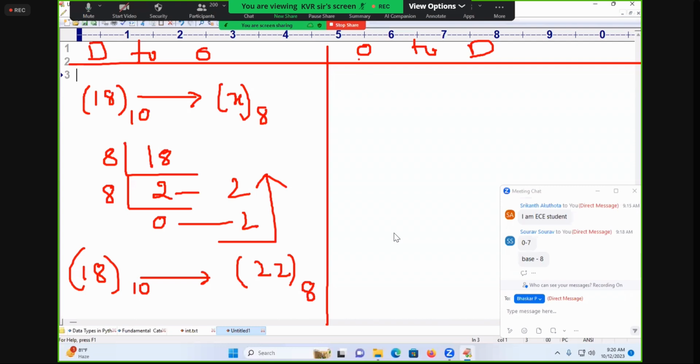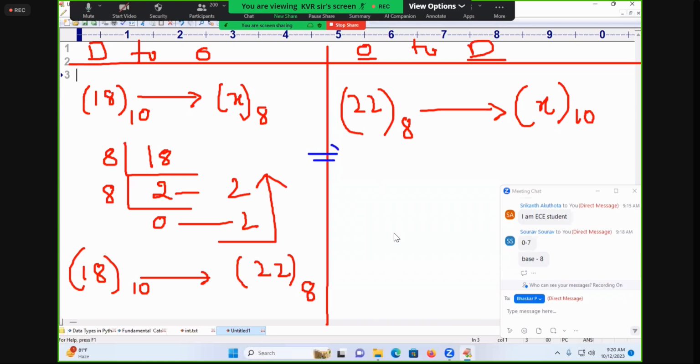Right. Similarly, octal to what? Decimal. Take the same thing. 22 of base 8 is converted in reverse to base 10. When this is given, students, you are supposed to take it like this. 2, 2, you take. Yesterday you took powers of 2: 2 to the power of 0, 2 to the power of 1, and so on. Now you need to start with 8 to the power of 0, 8 to the power of 1.